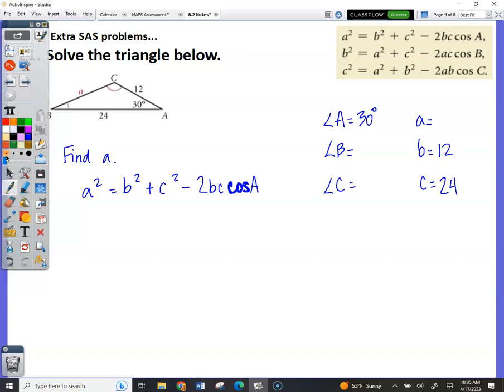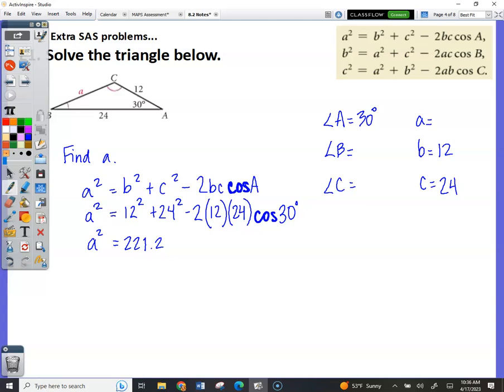Alright, so I'm going to plug in all of the information, type it in my calculator. When you type all of this in, you get approximately 221 point something.